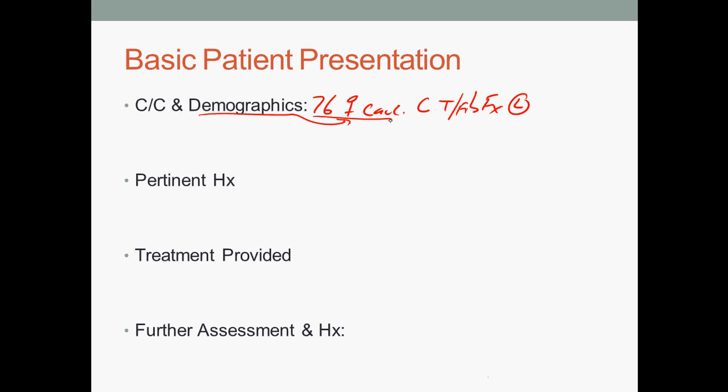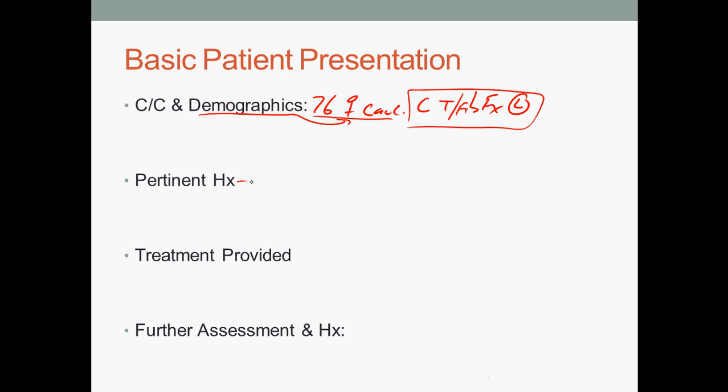She's a female, 76-year-old Caucasian with a compound tib-fib fracture on the left. Don't use this shorthand on your actual report. Just write it out. Okay, so that's our very first sentence. This is a 76-year-old female Caucasian woman. We found her with a tib-fib fracture of her left leg.